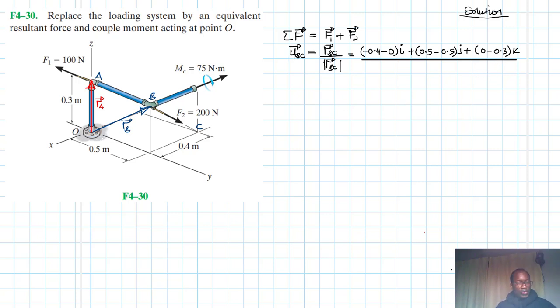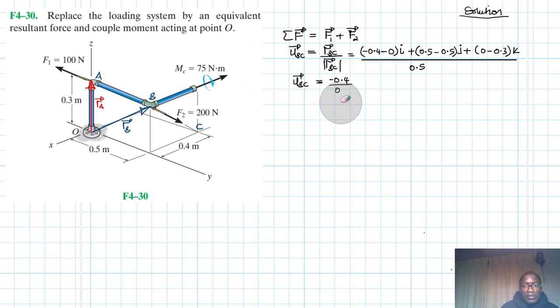Right. So we can find the magnitude, since we already know the expression is 0.4 squared plus 0.3 squared, so this is just divided by 0.5. So our unit vector UBC is just going to be equal to minus 0.4 divided by 0.5.